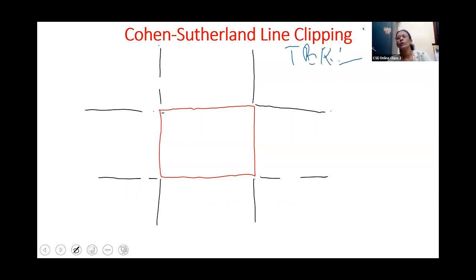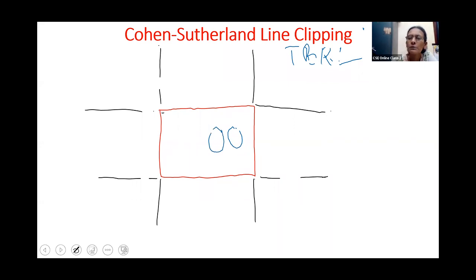Okay. So now if you take the clipping window, the points inside the clipping window are not to the left of the left boundary. So bit 1 will be set to 0. Now these points are not to the right of the right boundary, so that bit is also set to 0.